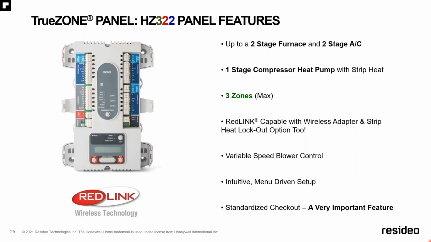Now we're getting to the panels that are near and dear to my heart, because this particular one's able to take advantage of that 2-stage equipment that I was twisting your arm about. So if you have the ability to put a 2-stage furnace and a 2-stage air conditioner on there, this panel will accommodate that.